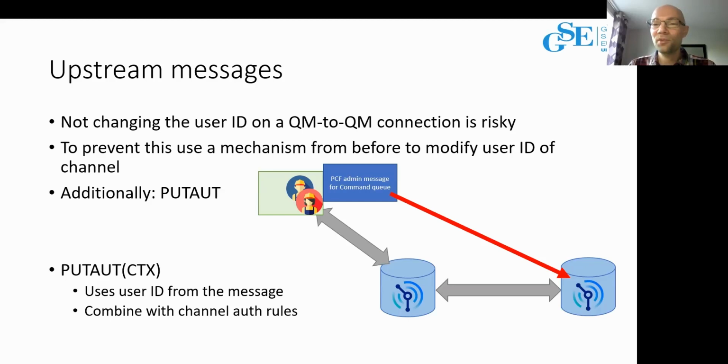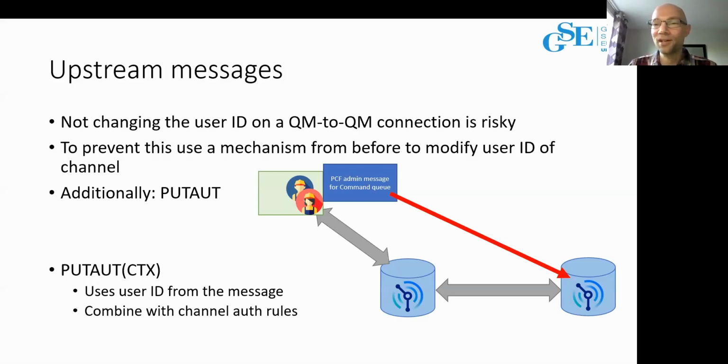So what the receiving channel initiator, or receiving queue manager, does is look at the user ID that's in the message and use that for the authorization checks when a message gets put on, say, an admin queue to issue a command. So this is the case when setting PUTAUT on the channel might be useful. I'm not going to go into great detail about this. There are several different values for PUTAUT. They're all documented in the MQ documentation online.